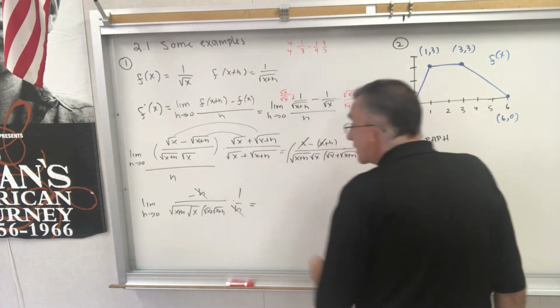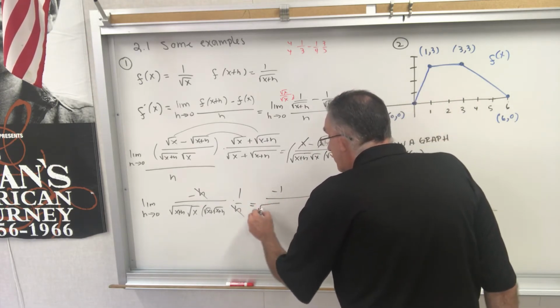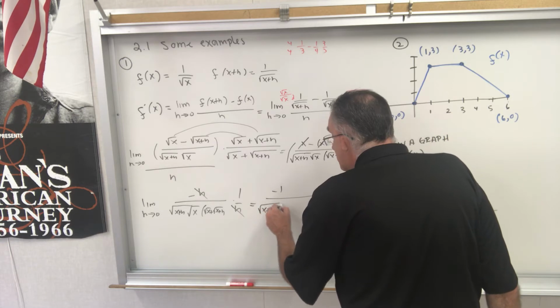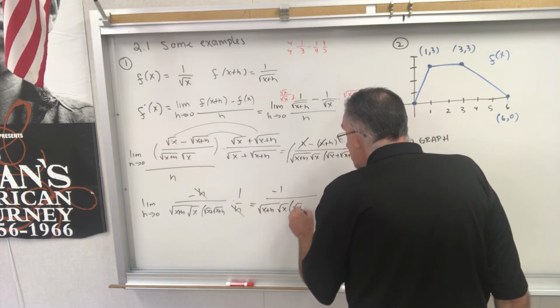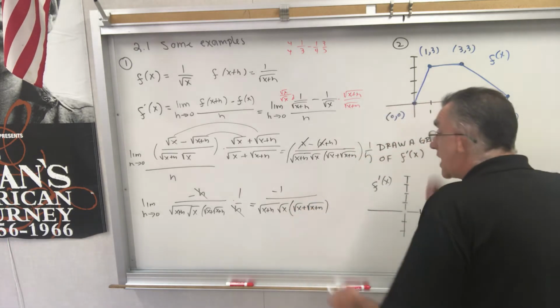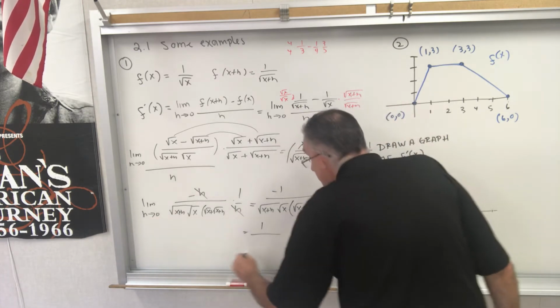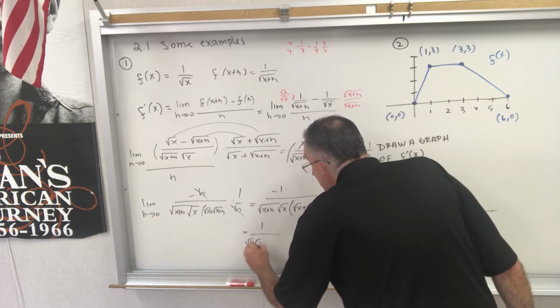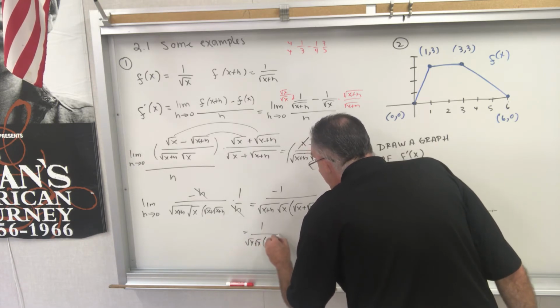Okay, so what do I get? Negative 1 over the square root of x plus h times the square root of x, times the square root of x plus the square root of x plus h. Now h is going to 0, so you get the square root of x times the square root of x, times the square root of x plus the square root of x. Now do the math right on this.